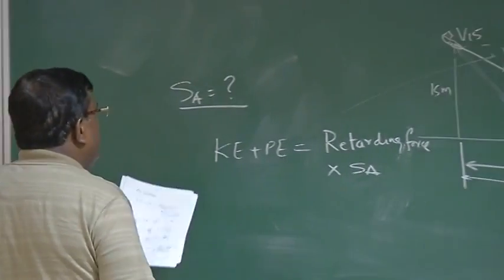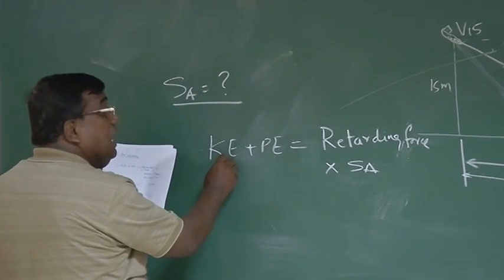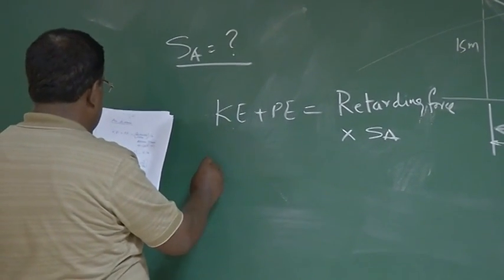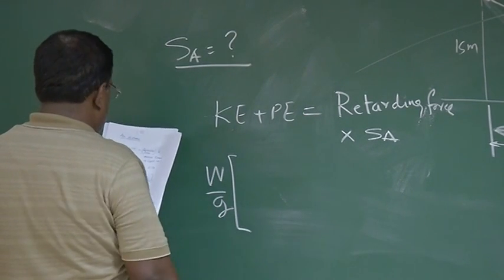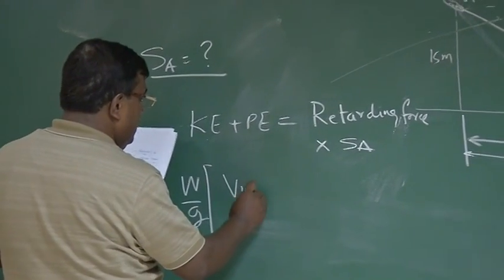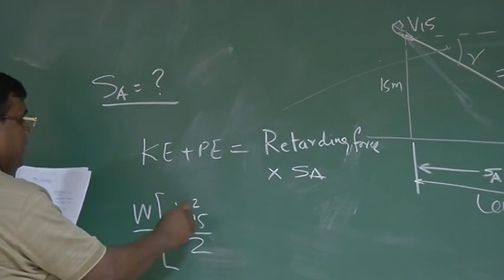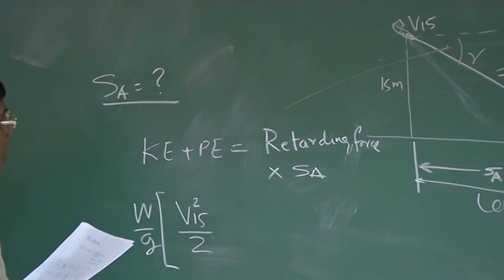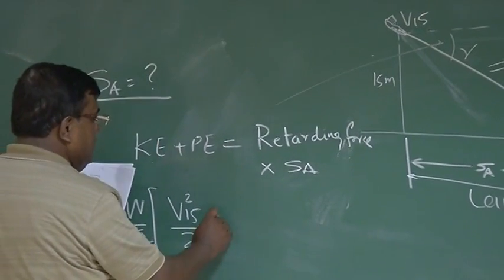Okay? So now if I use this equation, what do I get? I get kinetic energy, half mv square. W by G is m, V square means here V15 square, half mv square, so I put by 2. This airplane is also having potential energy here, that is mgh.